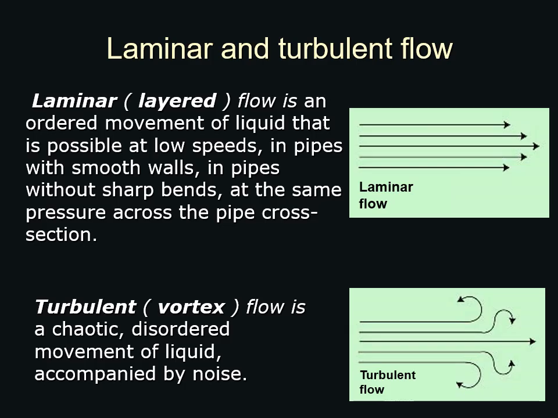The direction of movement, these arrows here, also does not have to be straight. Acceptable bends, minor of course, not sharp turns, but nevertheless, the parallelism of the movement of these arrows is maintained. A laminar or layered flow is a flow that is provided with the same pressure along the pipe section.